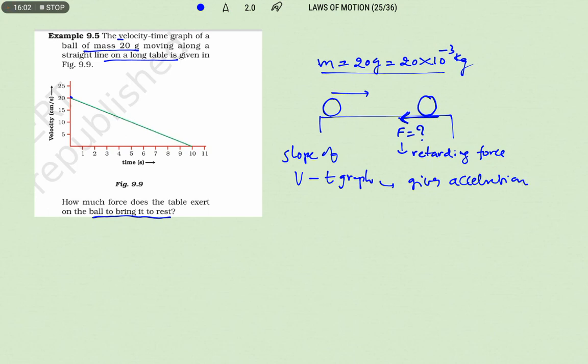Okay, so let us take the coordinates of this. This is the initial point. So at the initial point, time is 0 and velocity is 20. And what is the final time? 10 and 0. So this is t1, u1, t2, u2. u1 is nothing but the initial velocity, u2 is nothing but the final velocity.